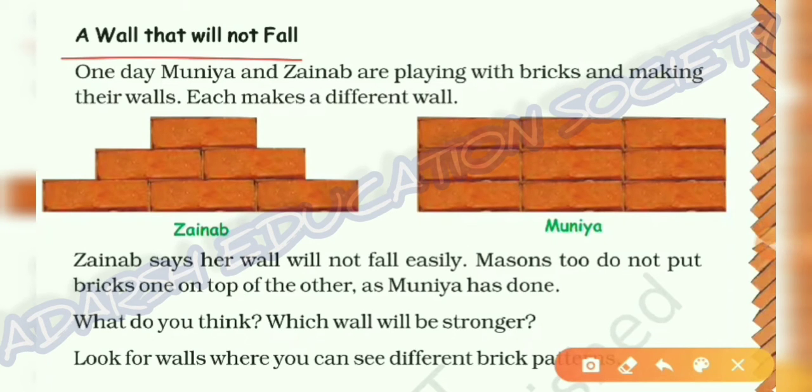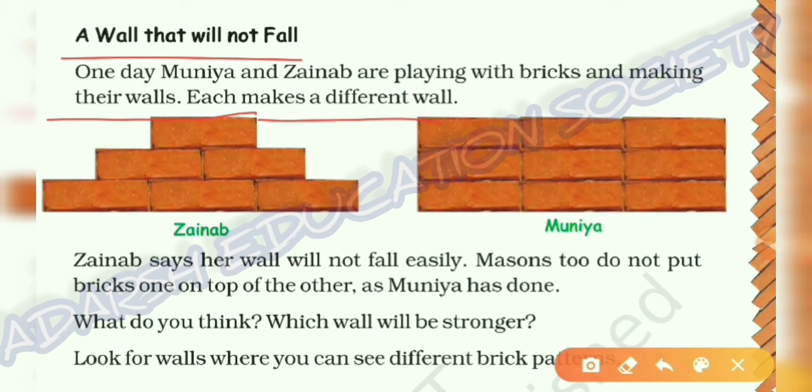All that will not fall. One day, Munia and Zainab are playing with bricks and making their walls. Each makes a different wall. Here, Munia and Zainab, both friends, are playing with bricks and building their walls.